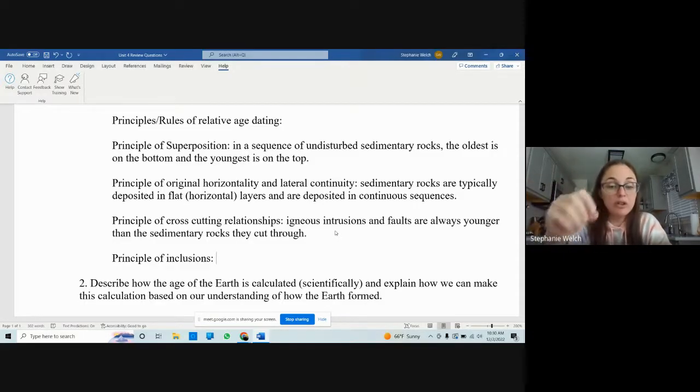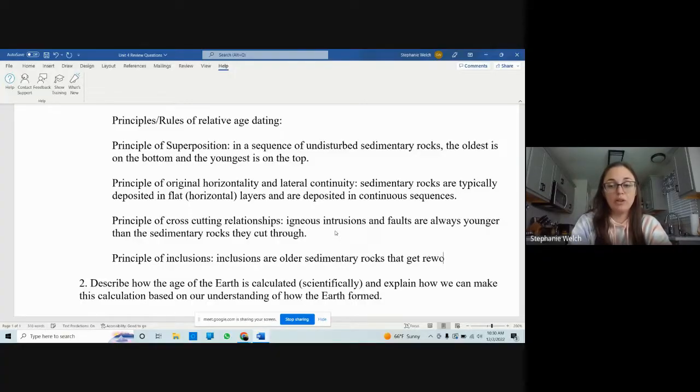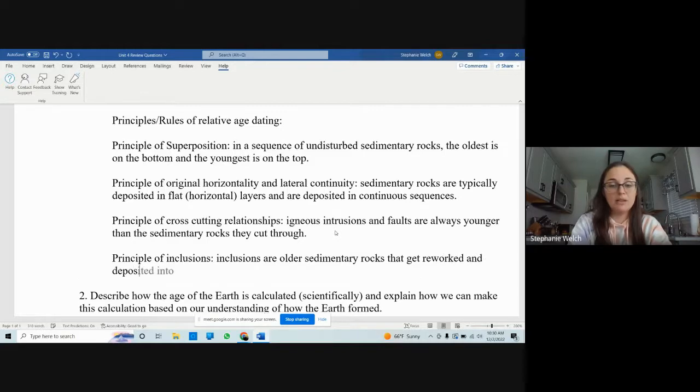The principle of inclusions: inclusions are older sedimentary rocks that get reworked and deposited in younger sequences. So the inclusion is always older.